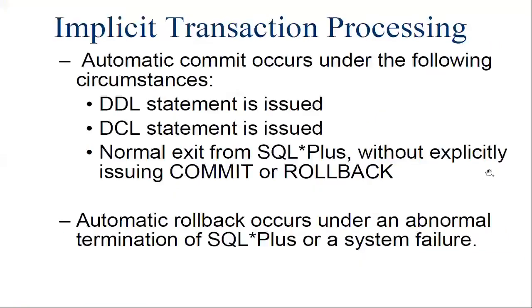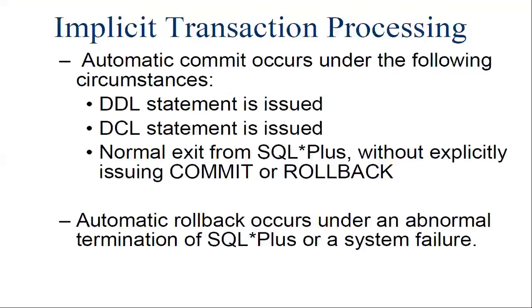And so here is the implicit transaction processing. We already spoke about this. In implicit transaction processing, this will be performed by the database management system itself. So there is no need to give extra or additional commit or rollback commands.